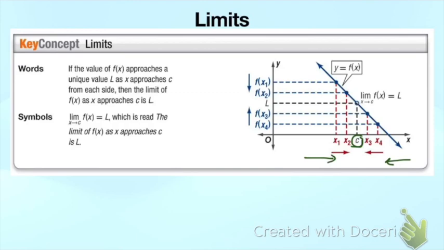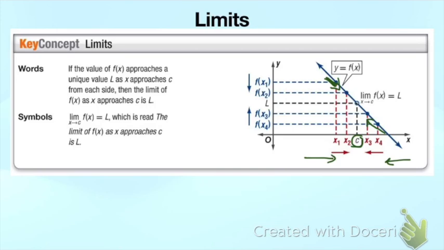My y values are going down as I come in from the left, and going up as I come in from the right, and they're approaching a y value. As long as both sides, from the left and the right, are approaching the same y value as we get close to that c value on the x-axis, we have a limit.